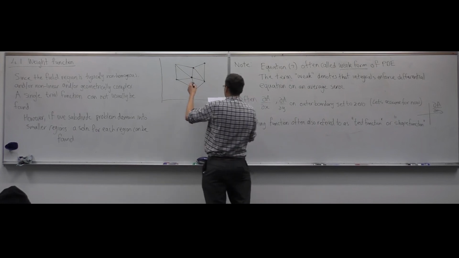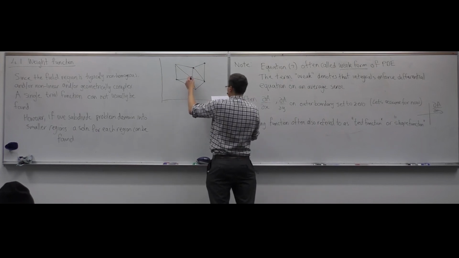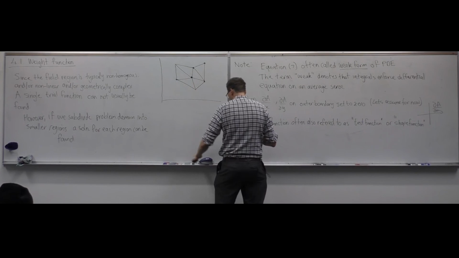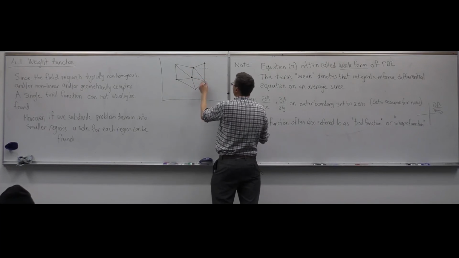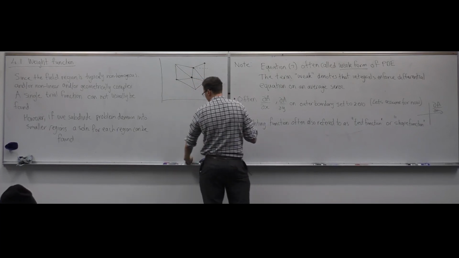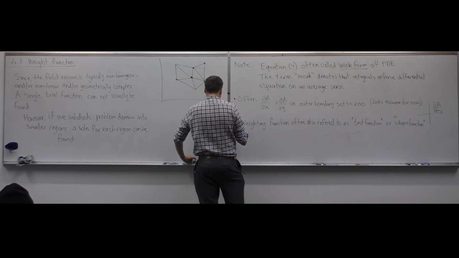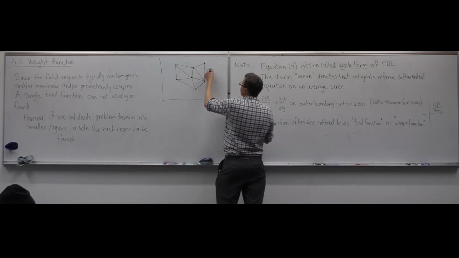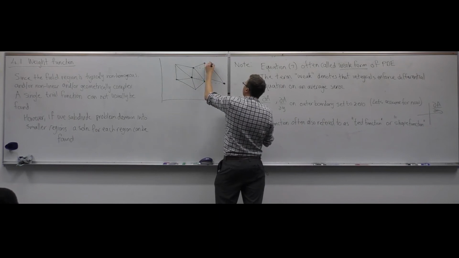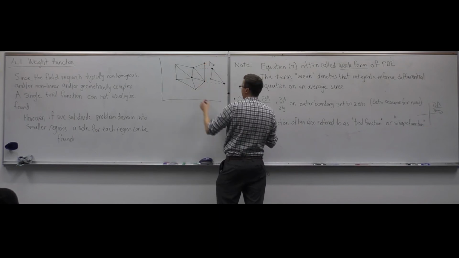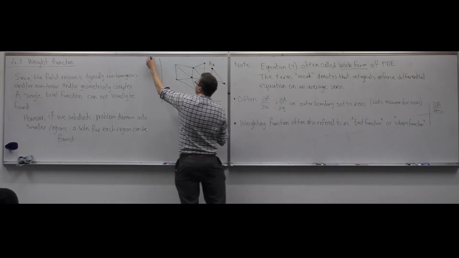So if we take this triangle here, and then I can just redraw it. That triangle has three points, I, J, K, and this is the x and y axis here.